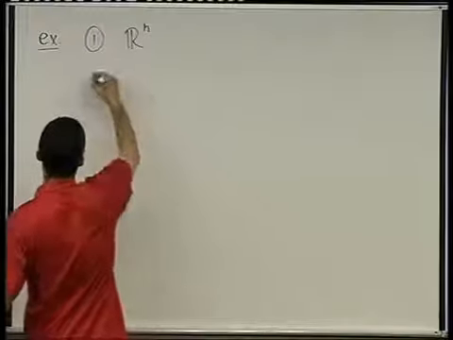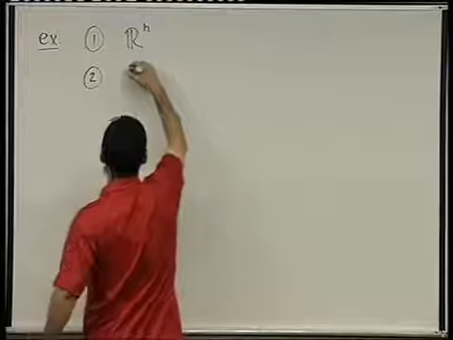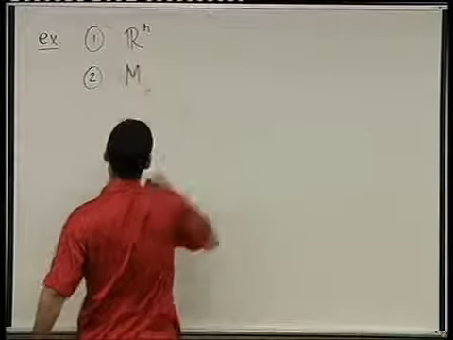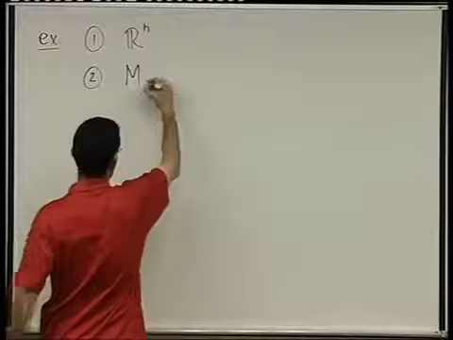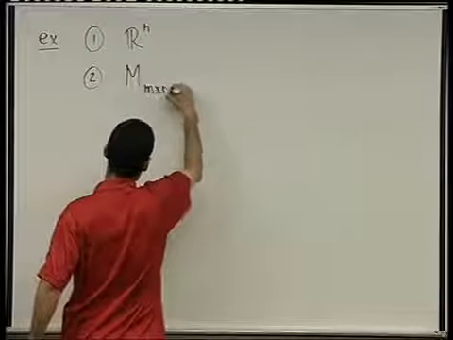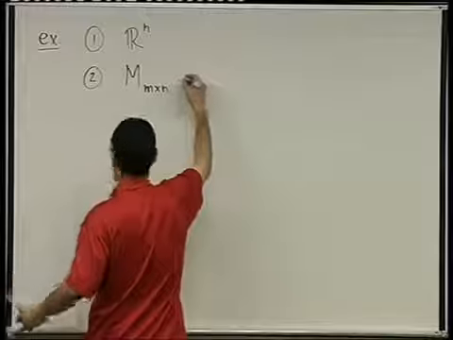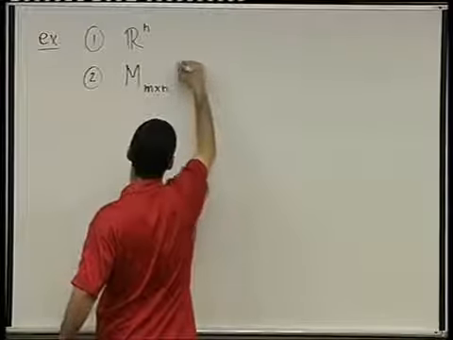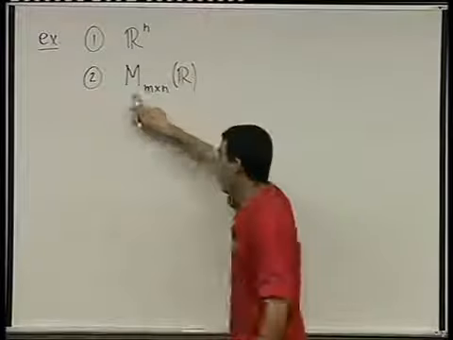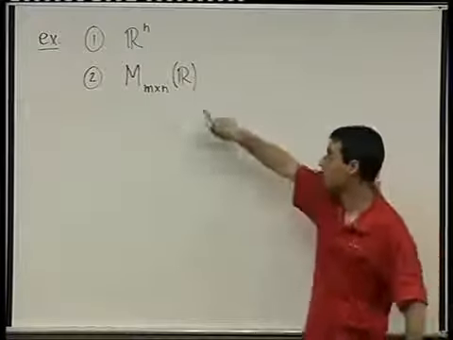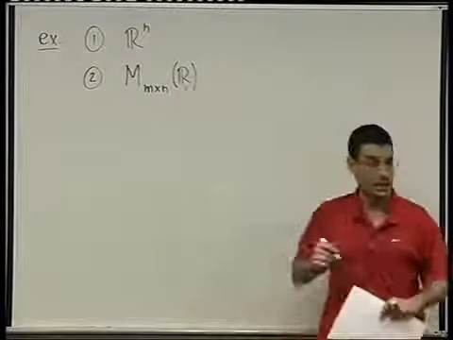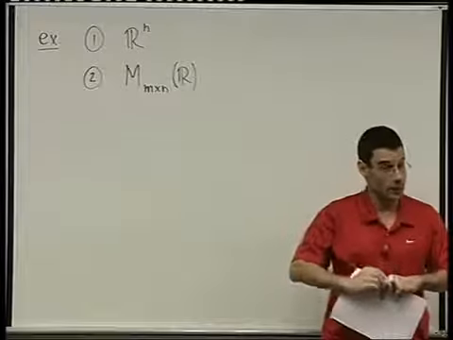Let's look at another example. Look at all matrices of the same size, of a fixed size. So M by N matrices, let's say over R. So this is notation that we used. So these are only matrices of size M by N, M rows and N columns, with all the entries taken from the field R. Okay?